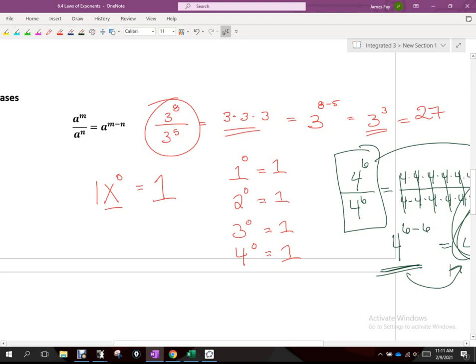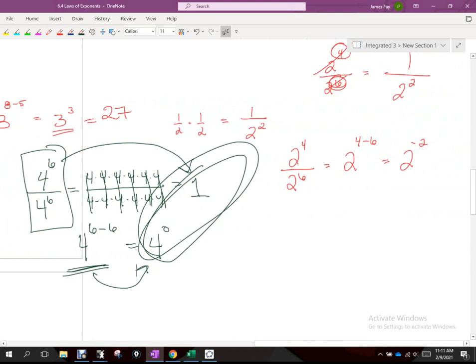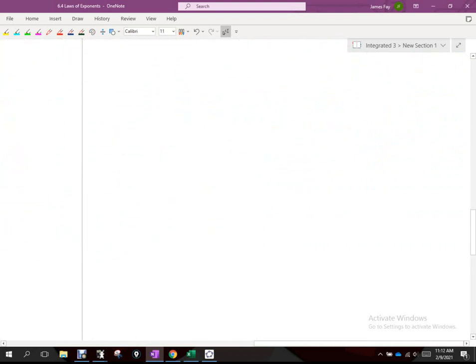So let's do some more examples here of division. Let's say that we've got a squared b to the 5th over a b x. You don't always do this, and as you get more proficient, you probably won't ever write it this way.